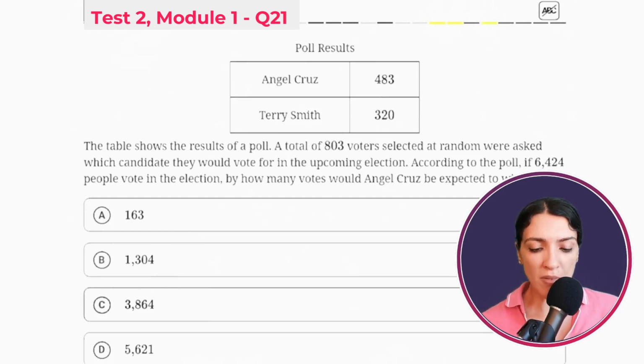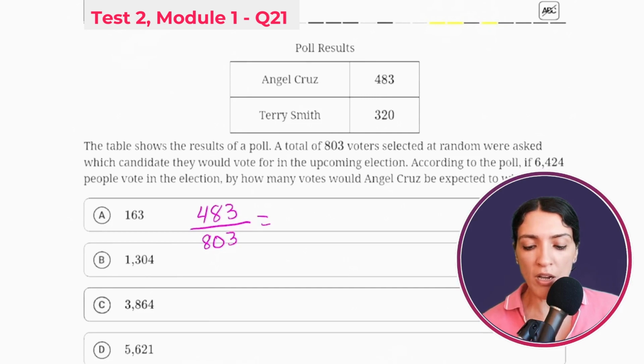So let's start by solving for Angel's votes. So Angel wins 483 votes out of 803 voters. Now, we're told that the bigger population has 6,424. So we'll set up the proportion, and you guessed it, we'll use cross multiplication to solve for x.